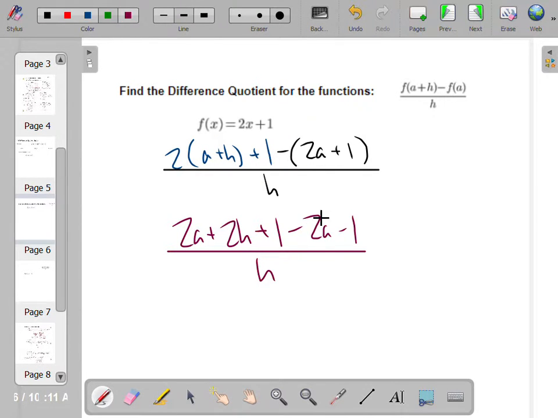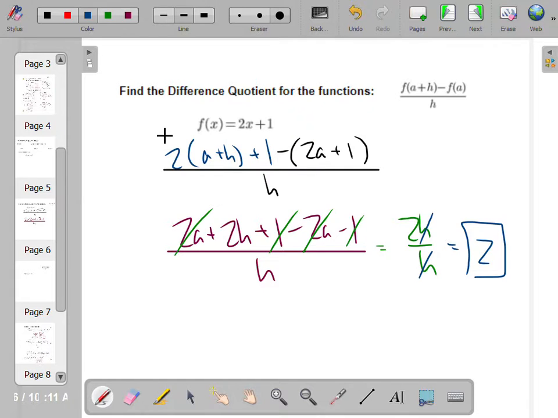Because what's supposed to happen now is these terms should both cancel out. So we see now 2a and negative 2a, 1 and negative 1, those cancel out. So the only thing that's left is 2h over h. And the last thing you can do, the h's can cancel out, and you just get 2. So the difference quotient, you plug in f of a plus h minus f of a, and the whole thing simplifies to just 2 in this problem.